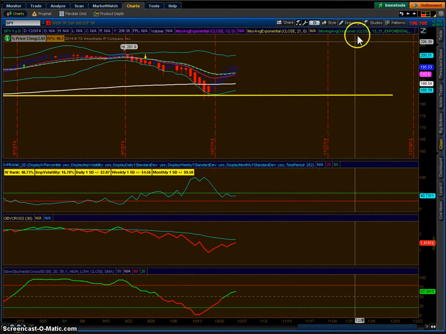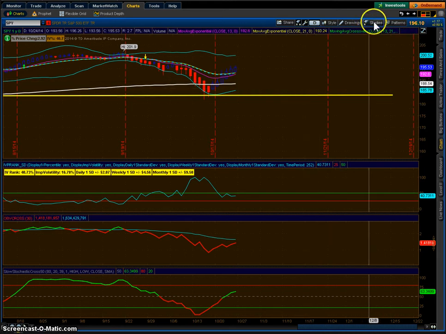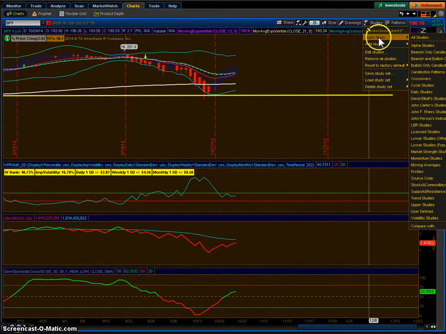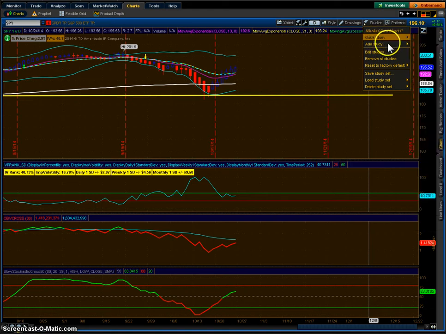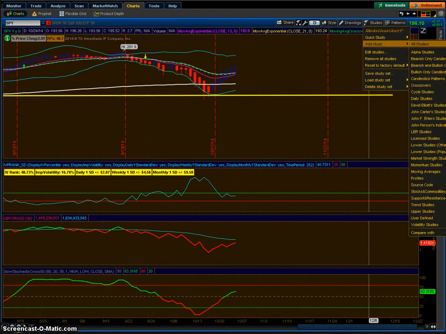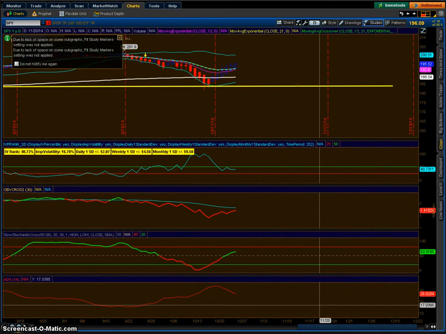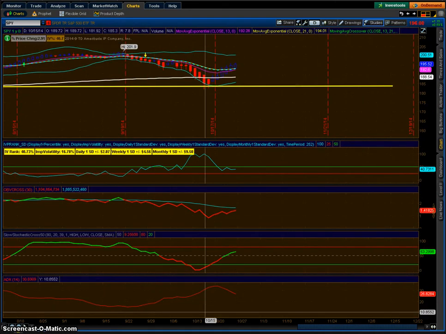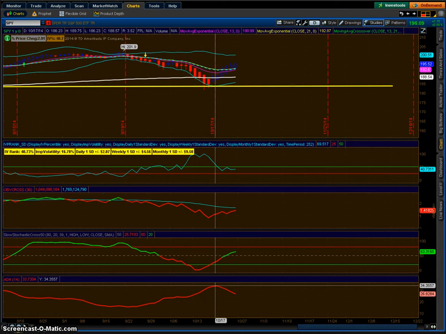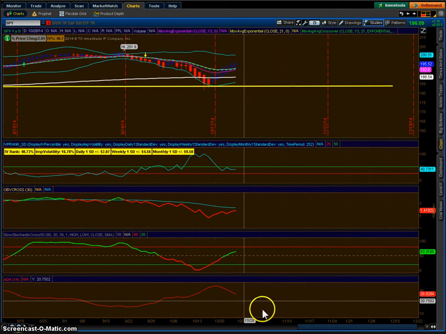Let's take a look at one real quick thing. I'll add on that ADX, the average directional index. Where is it? Add a study, go to all studies, go to A, click on ADX right there, and it'll pop up on the bottom. What I'm looking at is how it topped out around 32.33. I'm looking at the bottom.